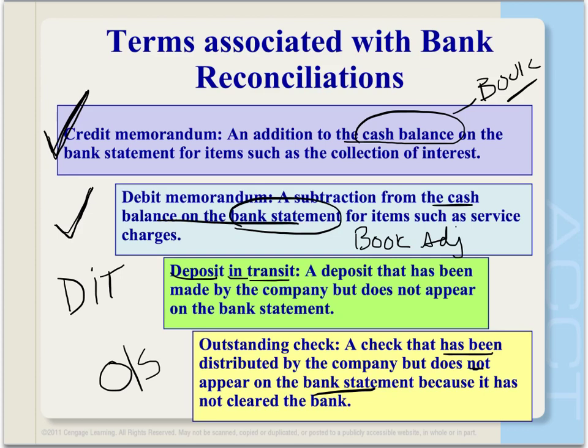Because we all know we write checks to pay our bills, or grandma writes us a check and we lose it, and she keeps asking us, Johnny, when are you going to go ahead and cash that birthday check? And you don't have the heart to tell her that you lost it, but that's an outstanding check that she has taken out of her bank balance. And so that also happens to a company: the company takes it out of their balance, but the bank doesn't know it exists yet because the bank hasn't seen it clear. So our job is going to be to reconcile the two.